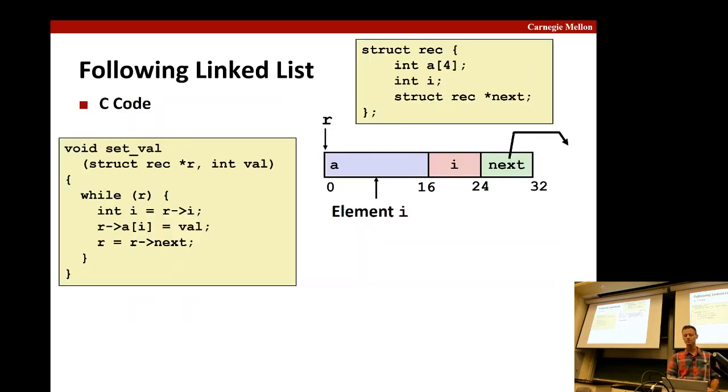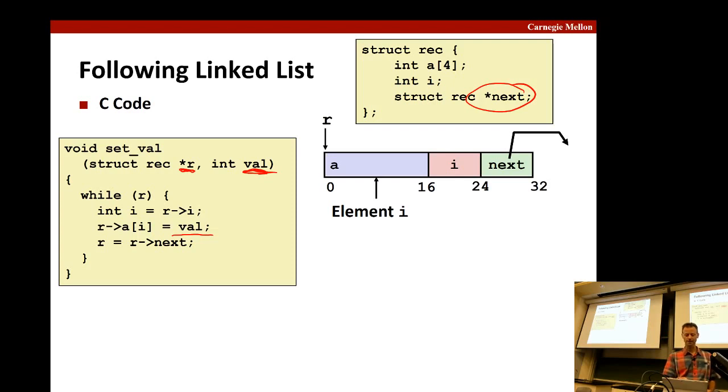All right, so this one's more interesting. Suppose we have a linked list of these structures. What we're trying to do here is have a routine that takes the start of the linked list and wants to set each of the array elements to this val.